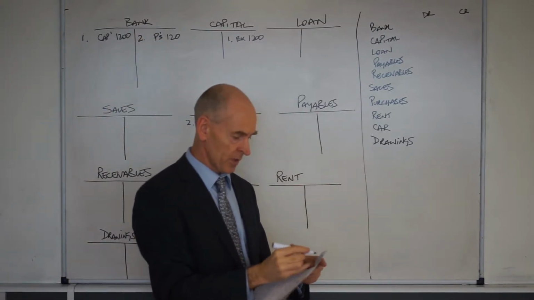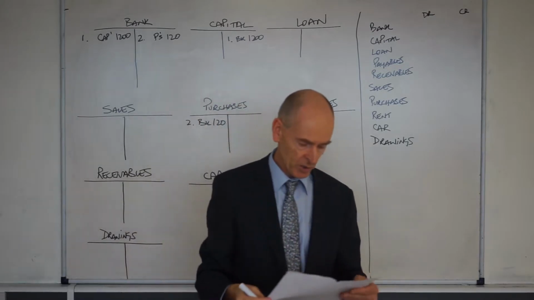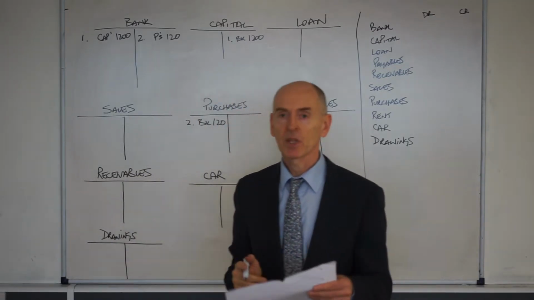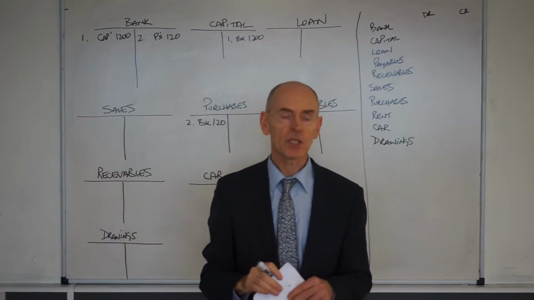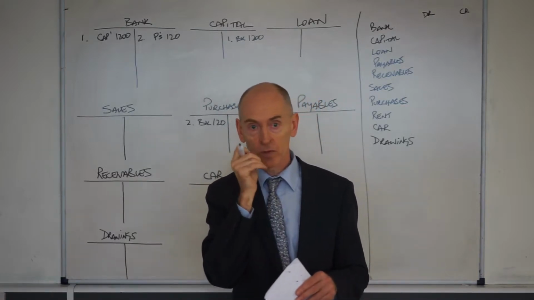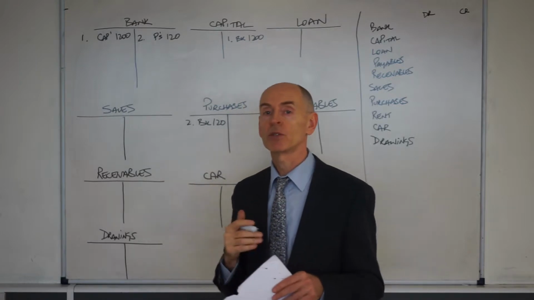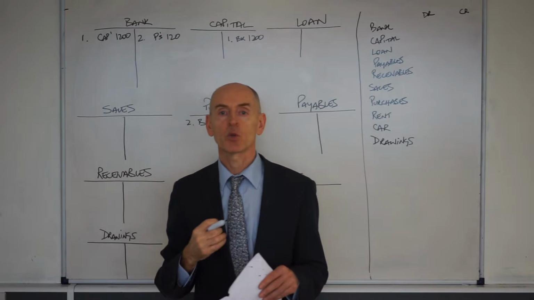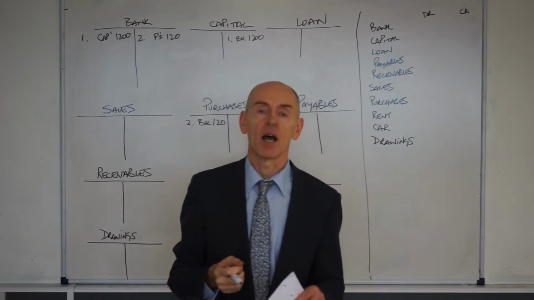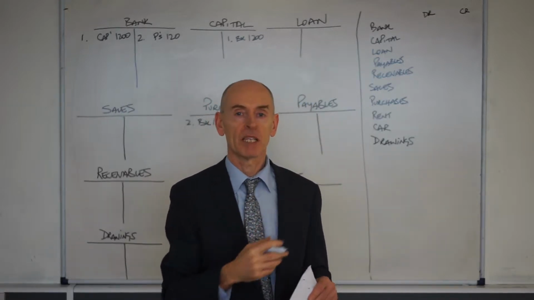Transaction 2 dealt with. Transaction 3, this time we're going to make purchases on credit for £325. So purchase on credit won't involve using the bank account. We'll be using payables. Remember, payables are liabilities, amounts we owe our suppliers because we've had the supply but not yet made the payment.